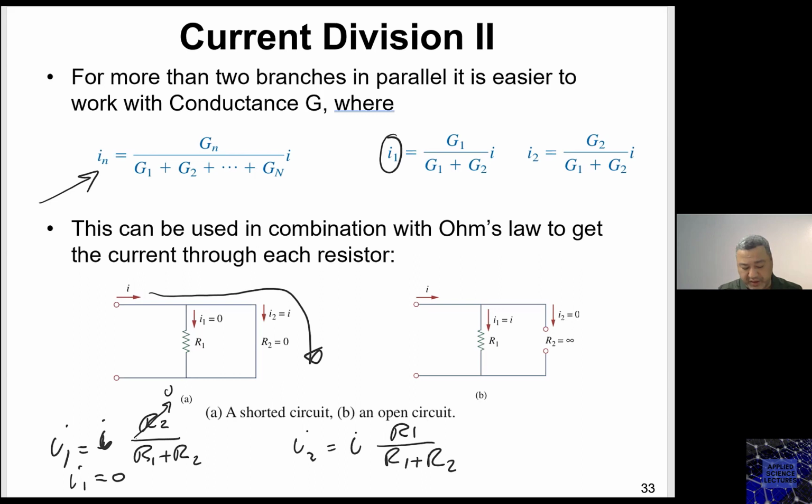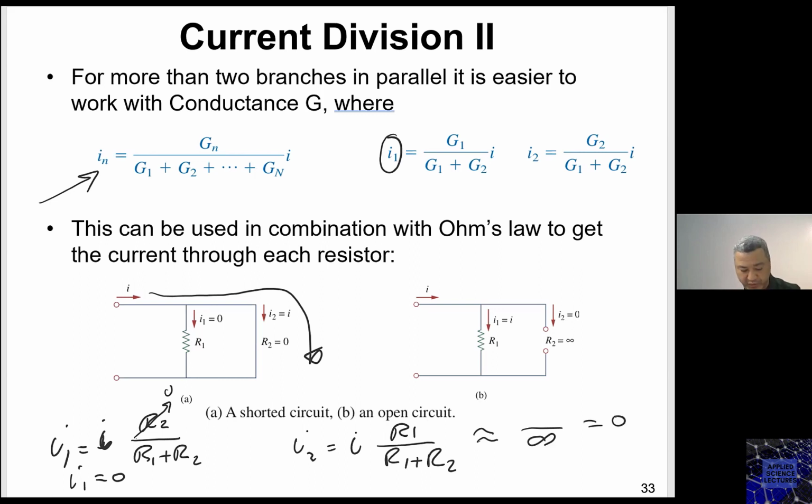Now, if you look at infinity, which is an open circuit, if R2 is an open circuit, then no current is going to go through R2. If you take R2 as infinity, you end up with whatever number divided by infinity, and in this case I2 would be 0.